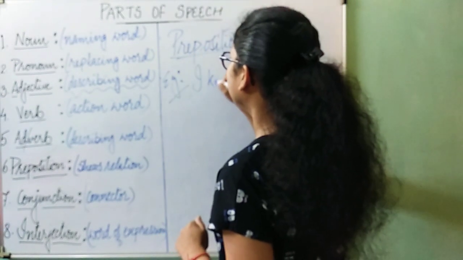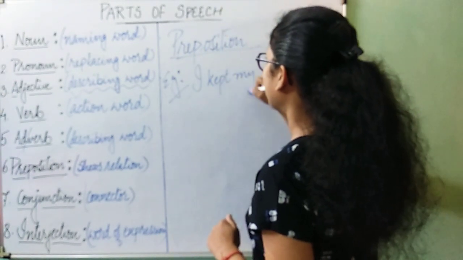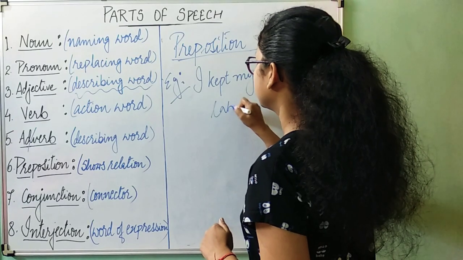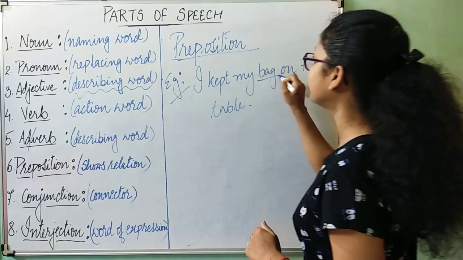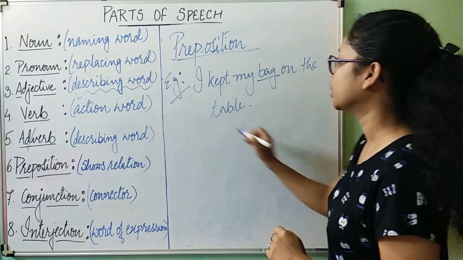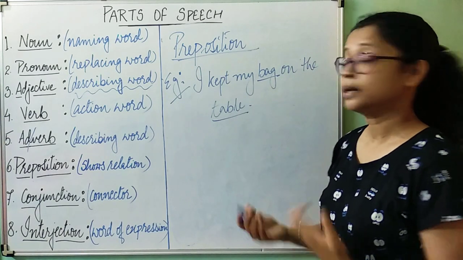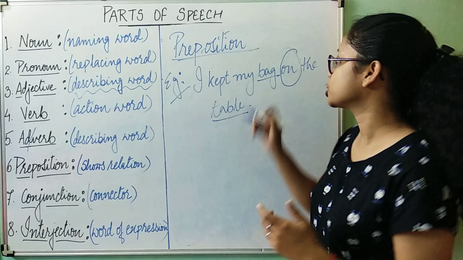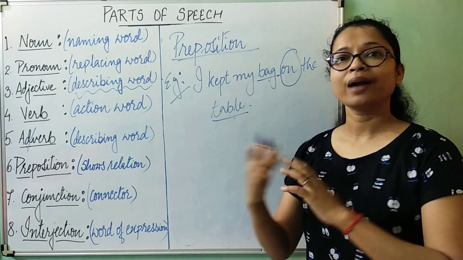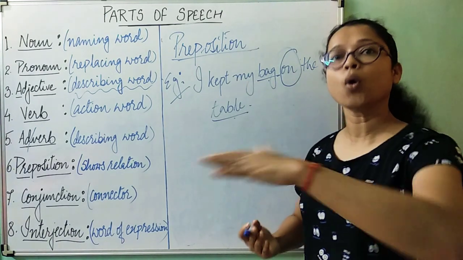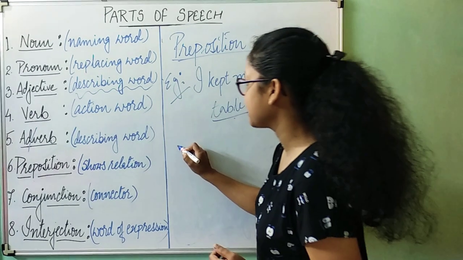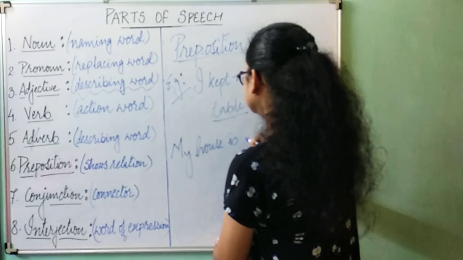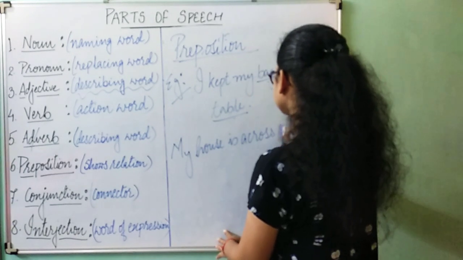I kept my bag on the table. See, bag is a noun, table is another noun, and on is a word that is showing us the relation between bag and table. Where have I kept my bag? I have kept my bag on the table. Let's see another example: my house is across the river.